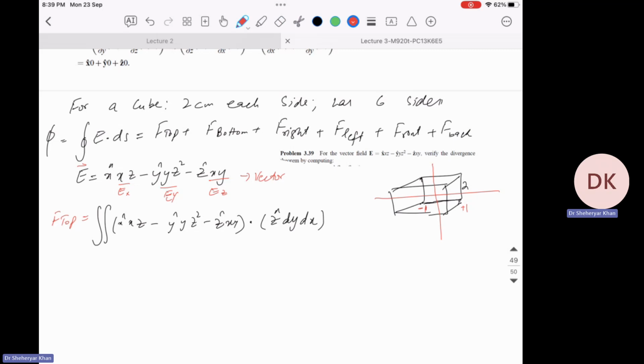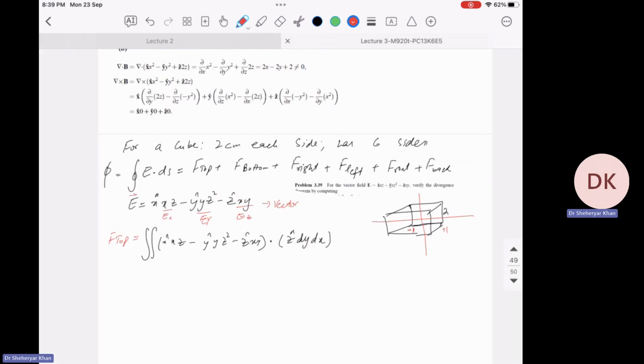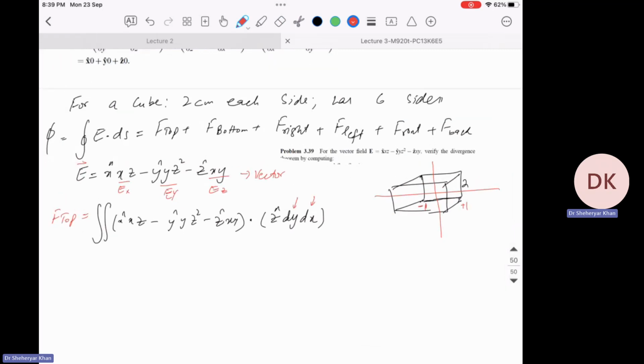Now, we have two limits, dy and dx, because we are choosing positive z-axis. So this is positive z-axis, and at this axis, the value of z should be 1. Now, can you see xz minus yz square, right?